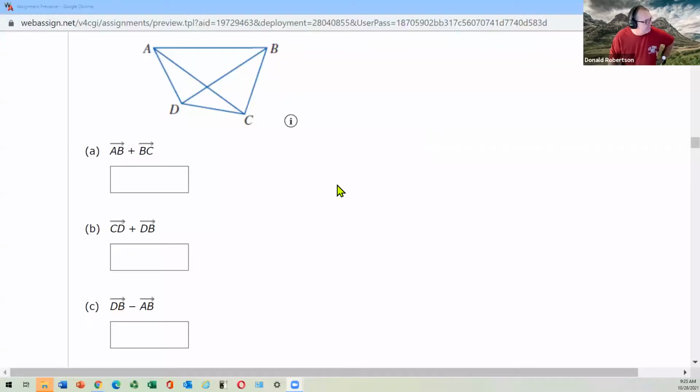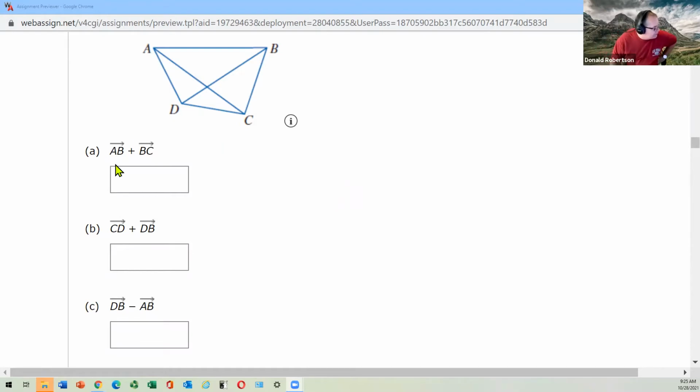Right. So let's return now to a homework question. Here's a little picture. Could be 2D, could be 3D, doesn't really matter. And we're looking at how to add or combine vectors.